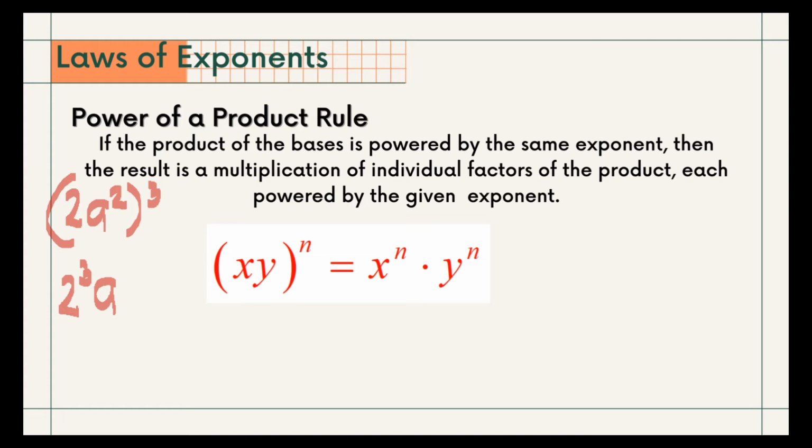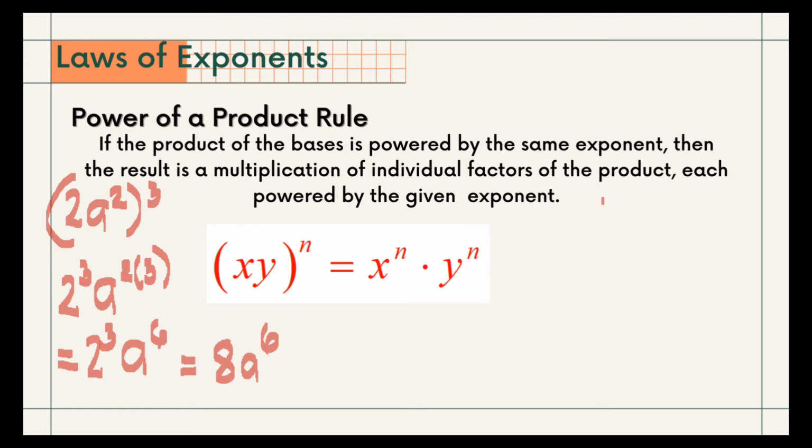So, apply natin yung kaninang power to a power rule. So, 2 raised to 3, and then a raised to 2 times 3, that is equal to 6. What is 2 raised to 3? You have 8, a raised to 6.